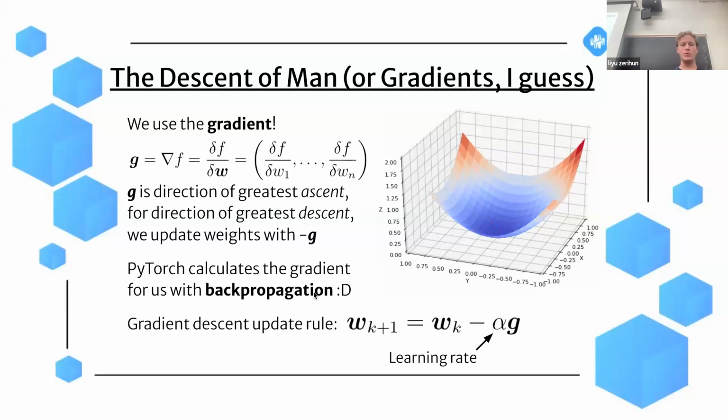PyTorch actually calculates this gradient for us with a technique called backpropagation, and we'll talk more about that in a future workshop. So the gradient update rule is given by: the next iteration equals the current iteration minus the learning rate times our gradient.